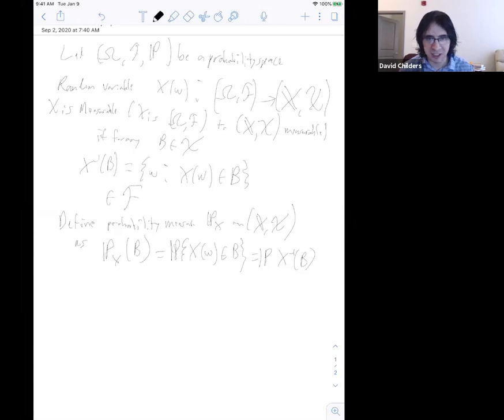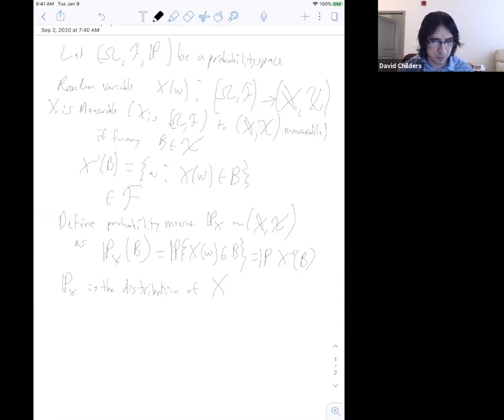And so that says we don't need an additional probability measure. We can define a new probability measure through a function. And we call this P_X the distribution of the random variable X. Very often we'll only define a single probability space, and then there's going to be many functions defined over it.